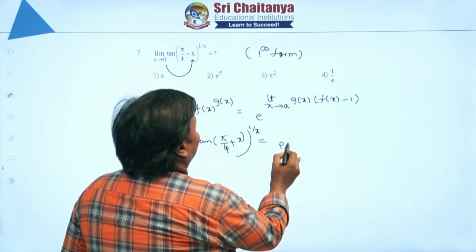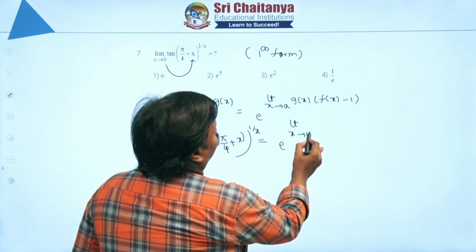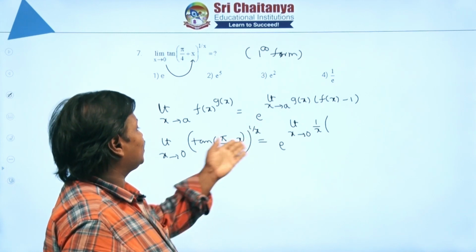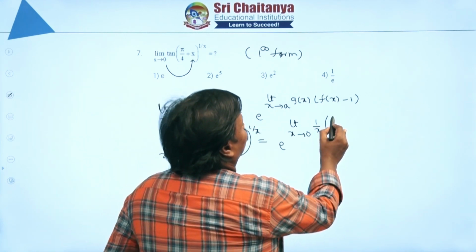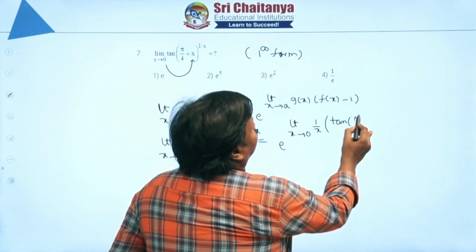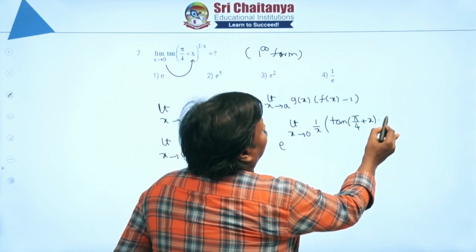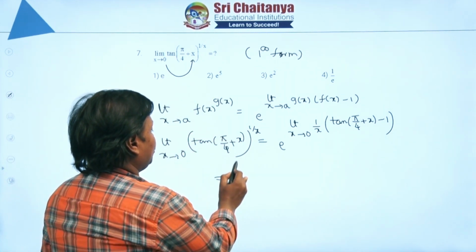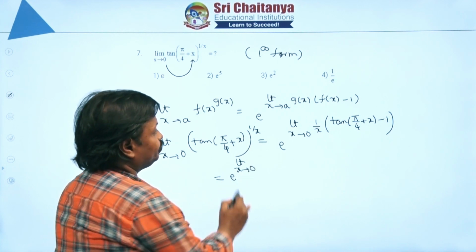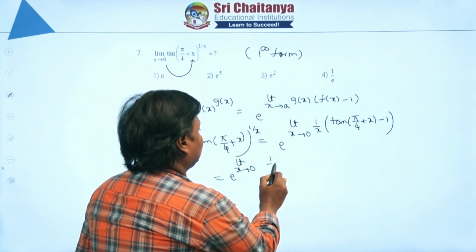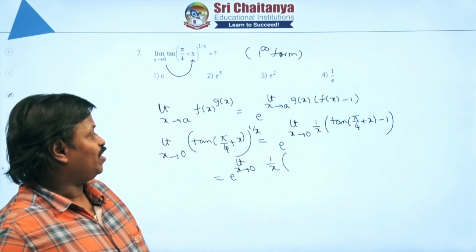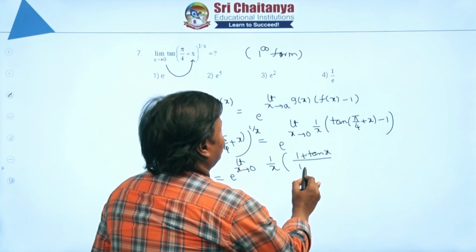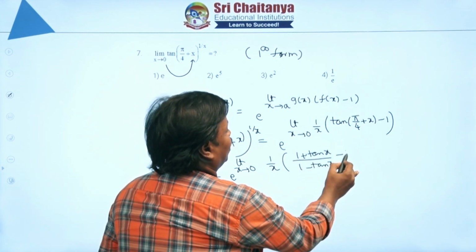So I can write it as e power limit x tends to 0, 1 by x into f of x minus 1, where g of x is 1 by x and f of x is tan of pi by 4 plus x. I just substituted from the formula. Using the tan pi by 4 plus x formula, I can write it as 1 plus tan x by 1 minus tan x, minus 1.